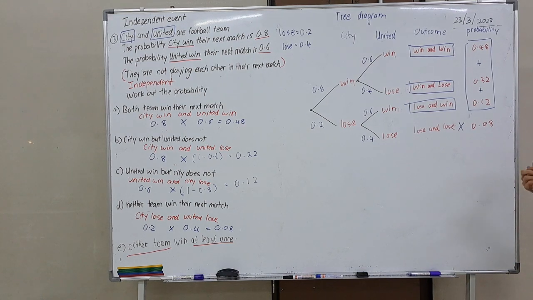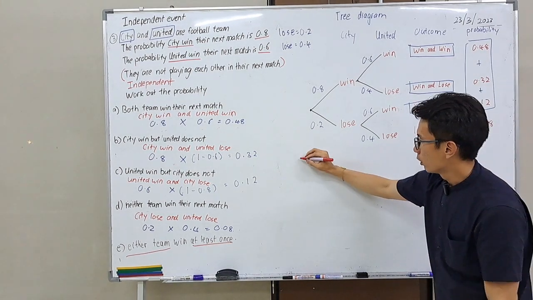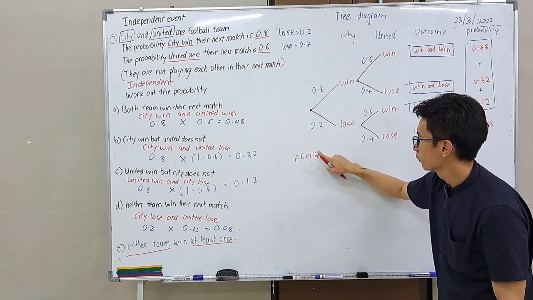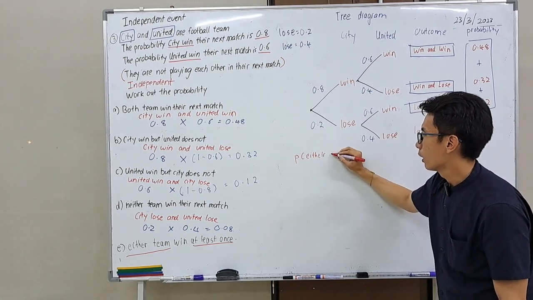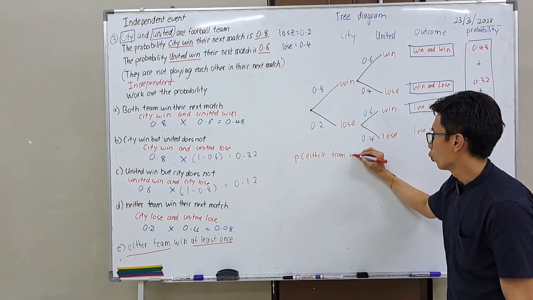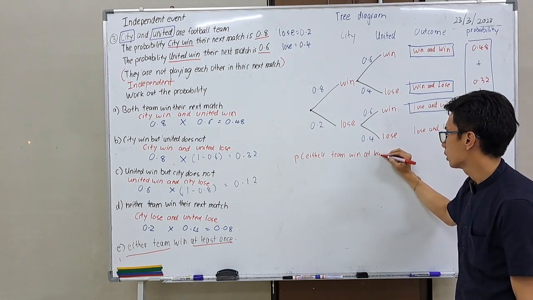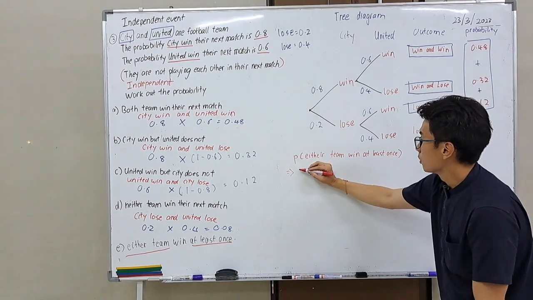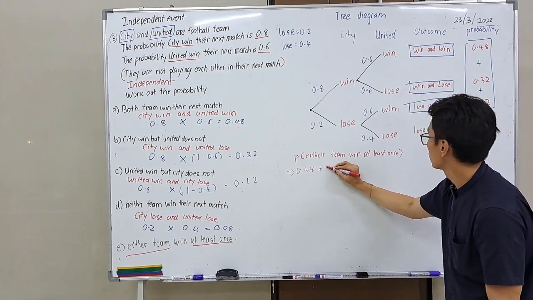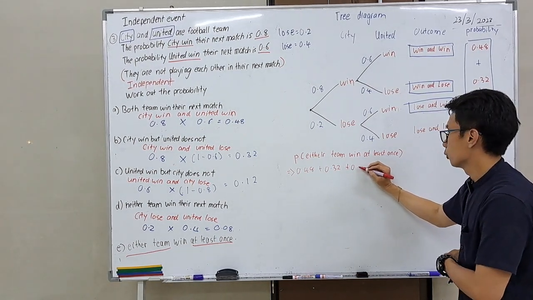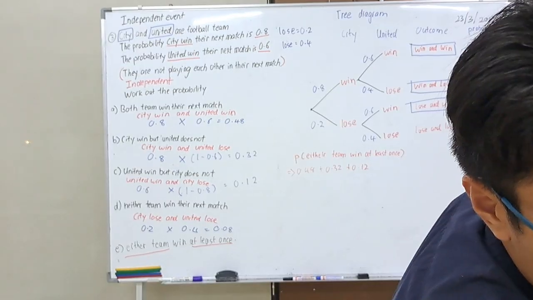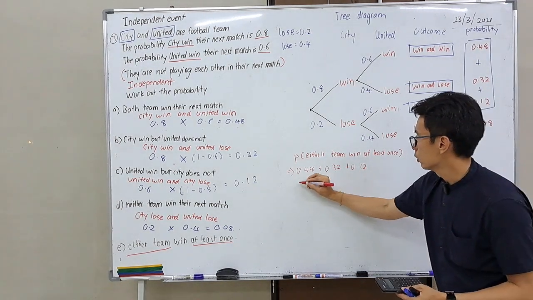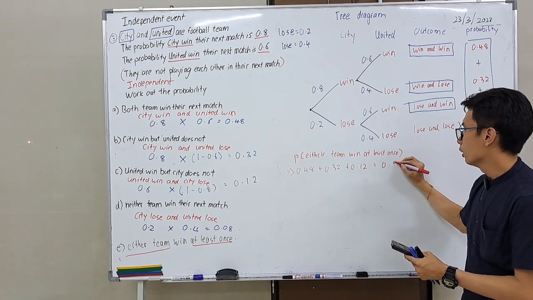So for this question, the probability that either team wins at least once is going to be 0.48 plus 0.32 plus 0.12, and that should give you an answer of 0.92.